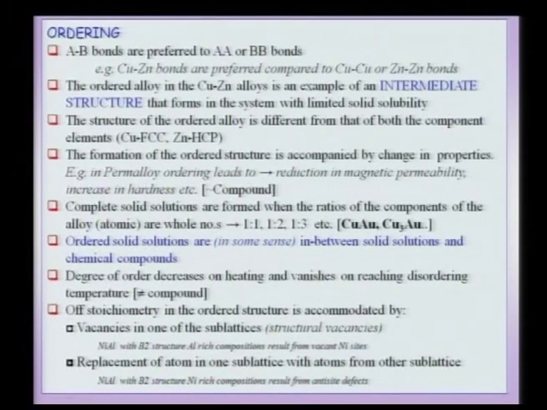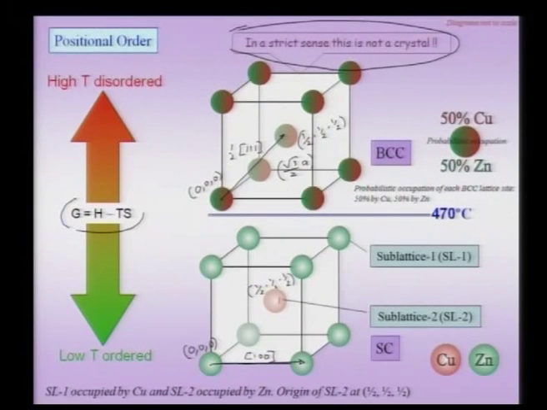Now, I have listed here some of the salient features about ordering, and this is an extensive list, and I will go through this slowly one by one, so that we can understand some of the important aspects of this ordering phenomena. Ordering takes place because the AB bonds are preferred compared to the AA or BB bonds. In other words, when I have a structure like this, you can clearly see the environment of the copper atoms is completely zinc.